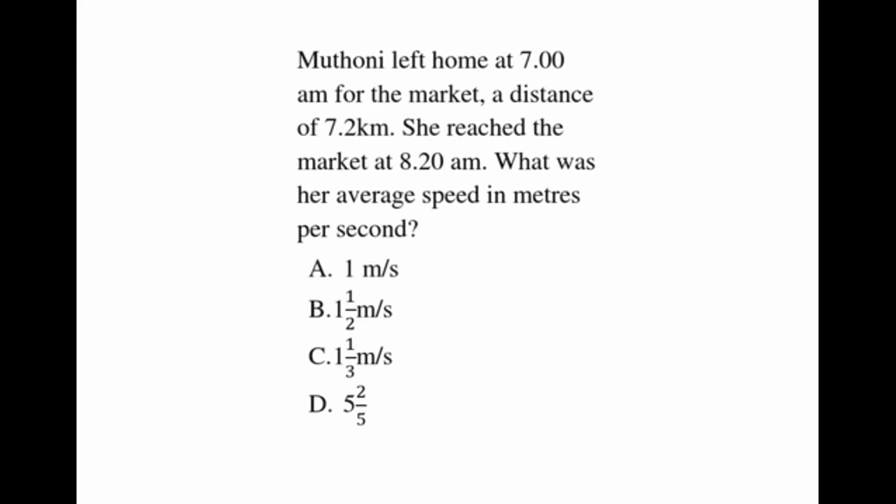Then she reached the market at 8:20 a.m. Then we are asked to give the average speed in meters per second. First, let us get the time which Muthoni took by subtracting 8:20 a.m. minus 7 a.m.